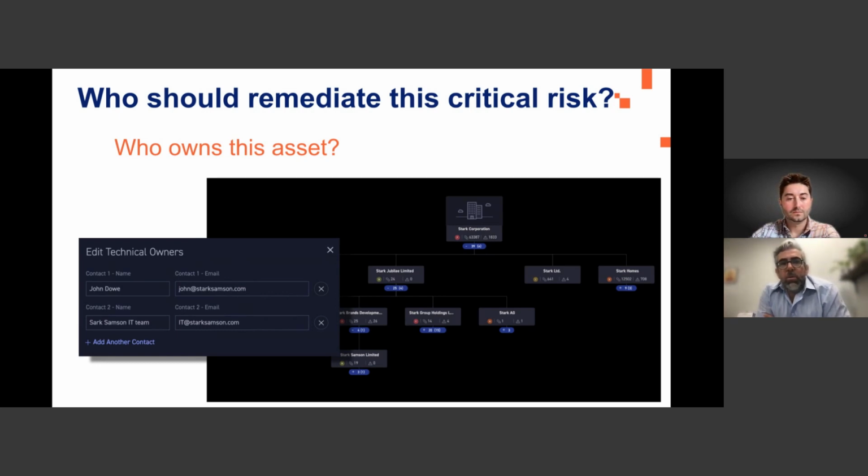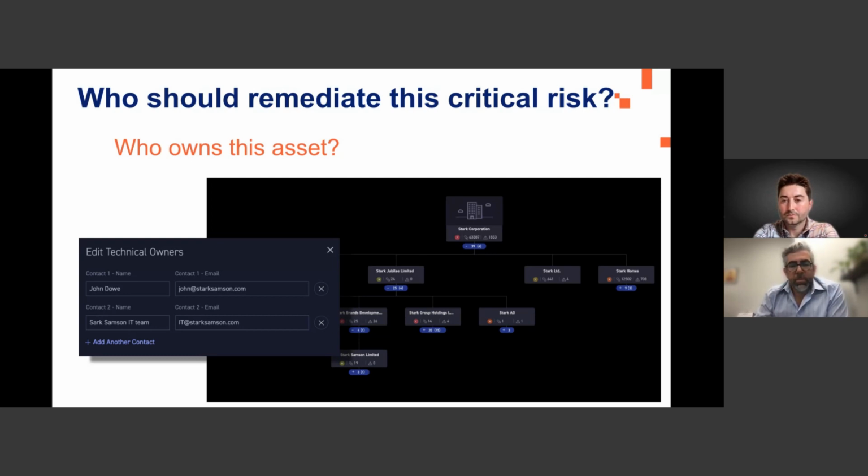So a good EASM solution will solve this problem as well, because we can map the organization for you as an attacker will, and then we can help you assign the technical owners for each one of the organizations and assets. We can do it manually, but you can also automate this process and not wait for the next vulnerability. You can just do it day by day, and when the time comes and you have a critical vulnerability for this organization or asset, you know exactly who to talk to and who should be assigned to solve it.